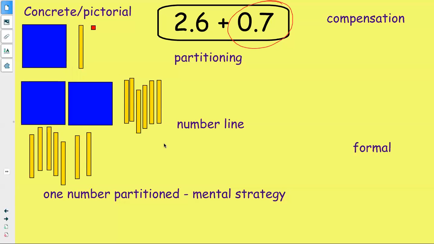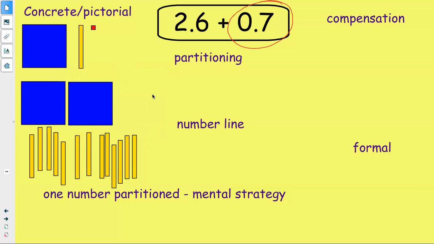Now, if I was to put all these beside each other, I should know from the previous video that 10 tenths, so 1, 2, 3, 4, 5, 6, 7, 8, 9, 10, 10 tenths is the exact same as 1 whole.